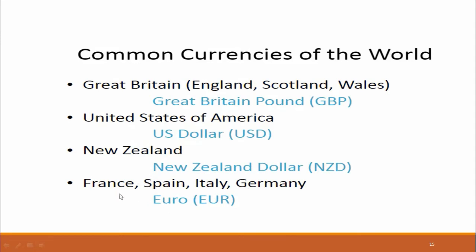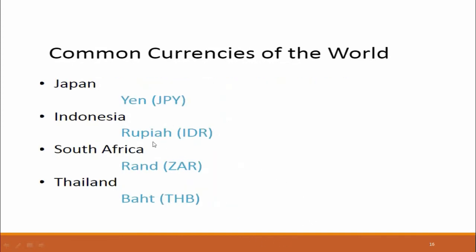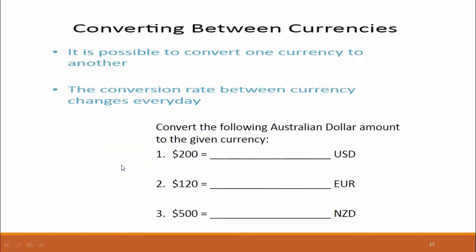The common currency for Japan is yuan, Indonesia rupiah, South Africa rand, and Thailand baht. These are the currency names for these countries.